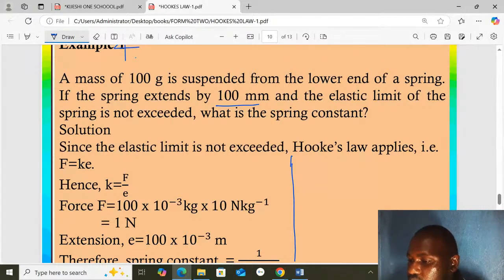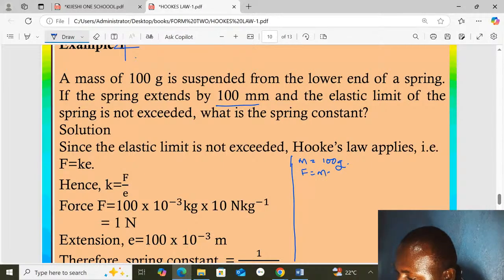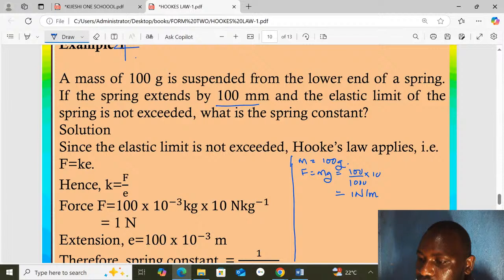What is the spring constant? We know that the mass is 100 grams. Our force will be mg, which is 100 divided by 1000 times 10. This leaves us at 1 Newton.